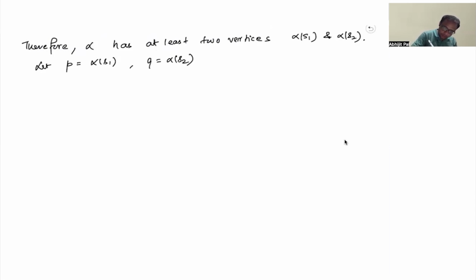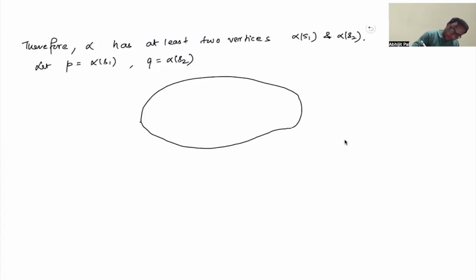Let us now draw this curve. Suppose this is my P and this is my Q. Because this curve is given to be convex, if I take the line segment joining P and Q, it will lie inside the region bounded by this curve alpha.